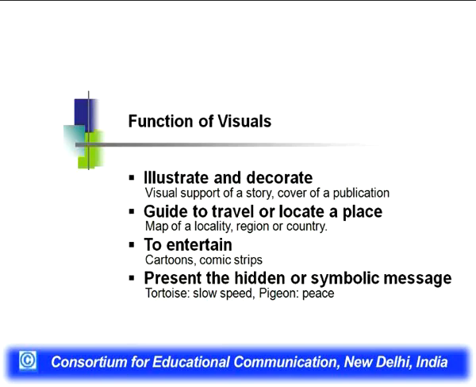Present the hidden or symbolic message. These pictures, we find them in several locations, and here the pictures themselves may not explain what it is. For example, a tortoise. If we say the construction is going at too low a speed, and the article is accompanied by a tortoise, one can feel that it is going to take a long time to complete the work.